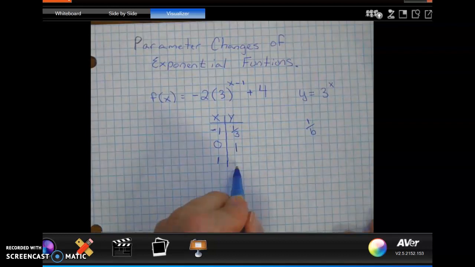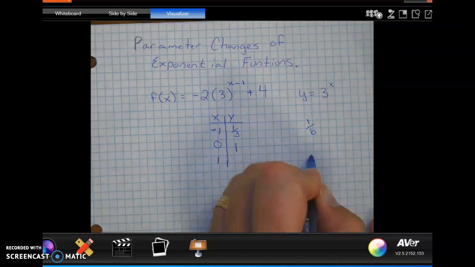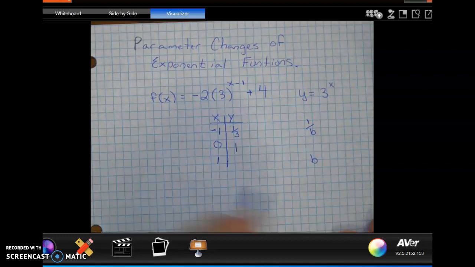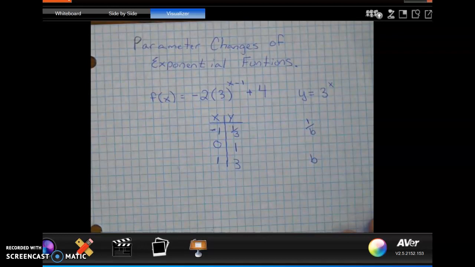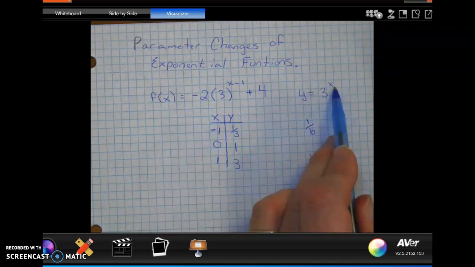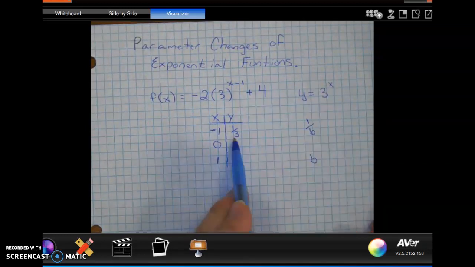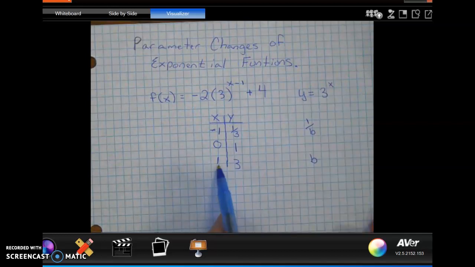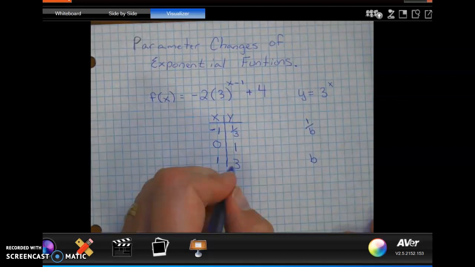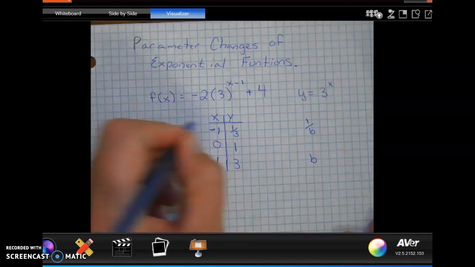And then our y-coordinate for the 1 is just going to be our b value, which in this case would be 3. So, mathematically speaking, if we plug -1 in for x, we get 1/3. If we plug 0 in for x, we get 1. And if we plug 1 in for x, we get 3. And there is our parent table.